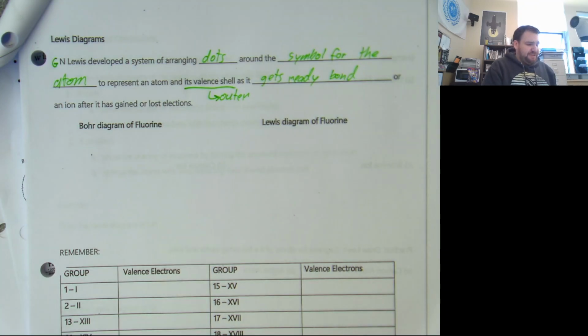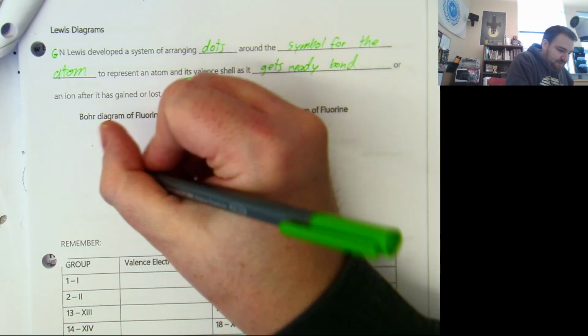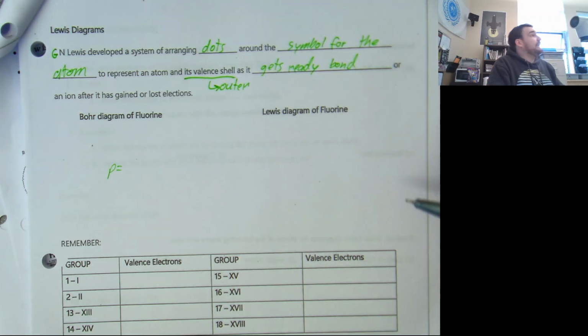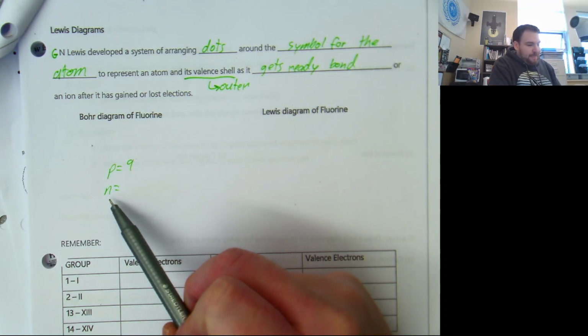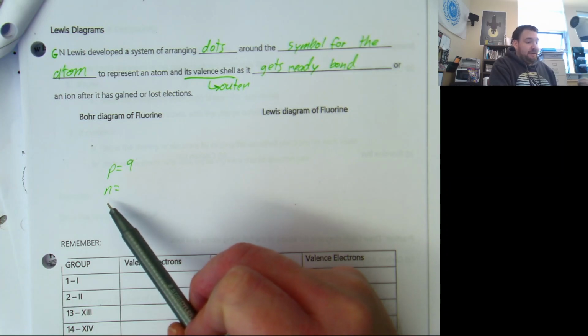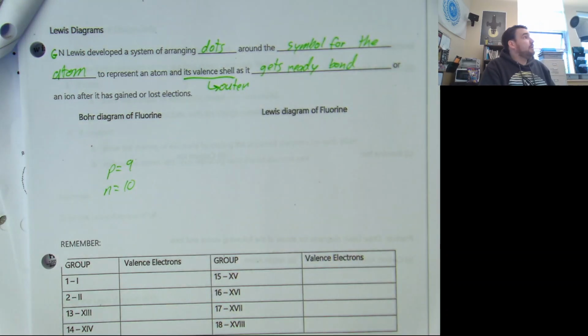So I'll show you the difference. Bohr diagram for fluorine. It's going to look like this. Fluorine is atomic number 9, so P is going to equal 9. It has a mass of 19, so the neutrons are going to be that mass 19 minus 9, which gives you 10.